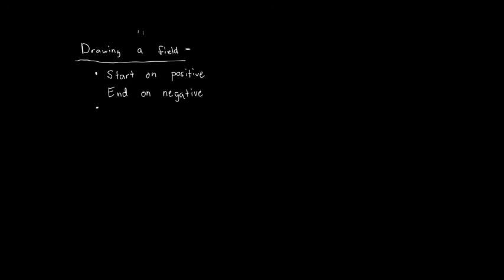When we draw a field, fields don't cross. It's like Ghostbusters, you don't cross streams. The field lines do not cross. And finally, the number of lines you draw is proportional to the strength, or magnitude, if we're going to use technical terms, of your field.